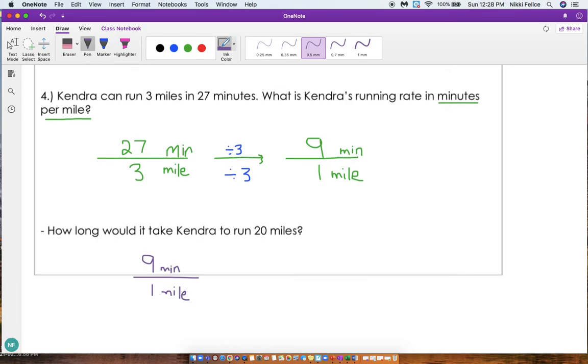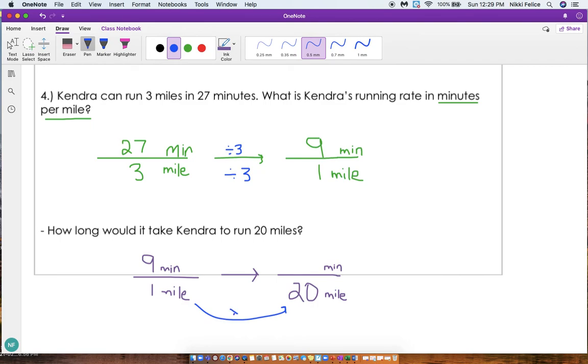Now the question we're being asked is, how long would it take Kendra to run 20 miles? So we want a rate to figure out how long it will take to run 20 miles. Now, of course, we need our rate to stay equivalent. So ask ourselves, how do we get from 1 mile to 20 miles?